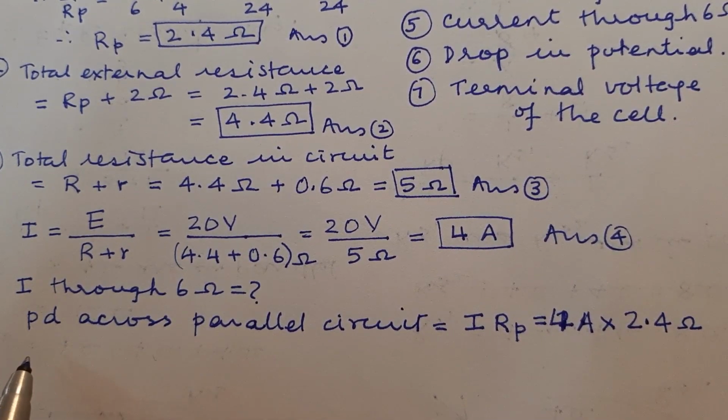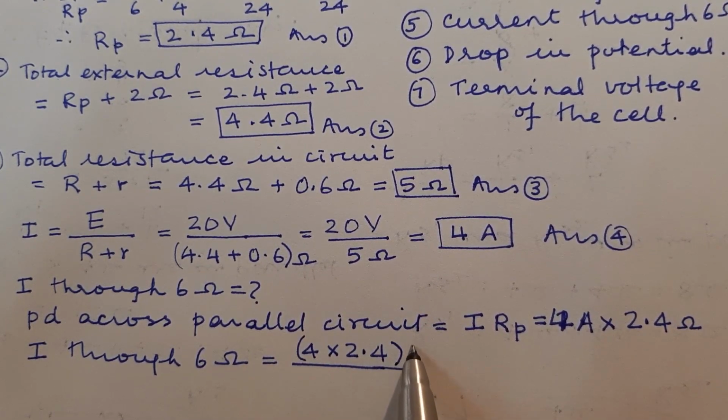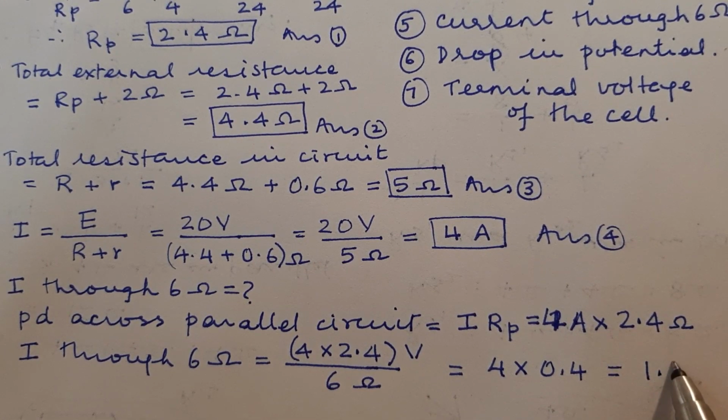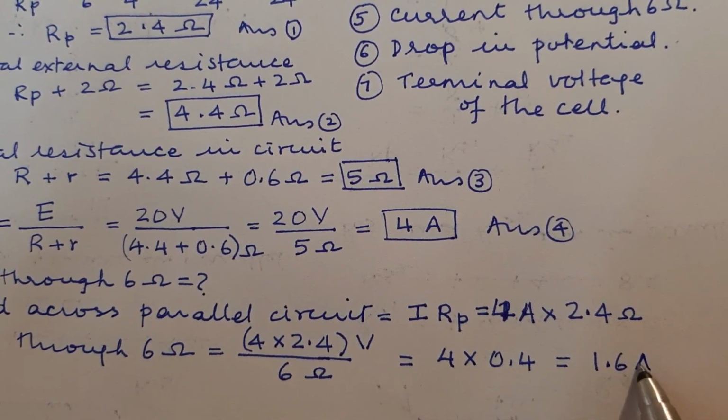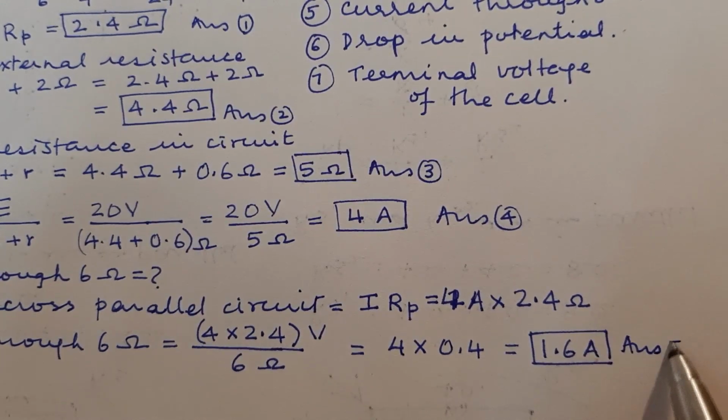So we will have current through 6 ohm will be equal to this IRp, that is 4 multiplied by 2.4, these many volts because it's the PD, upon how much is the resistance? 6 ohm. And so you will have 1.6 ampere, and that becomes our answer 5.